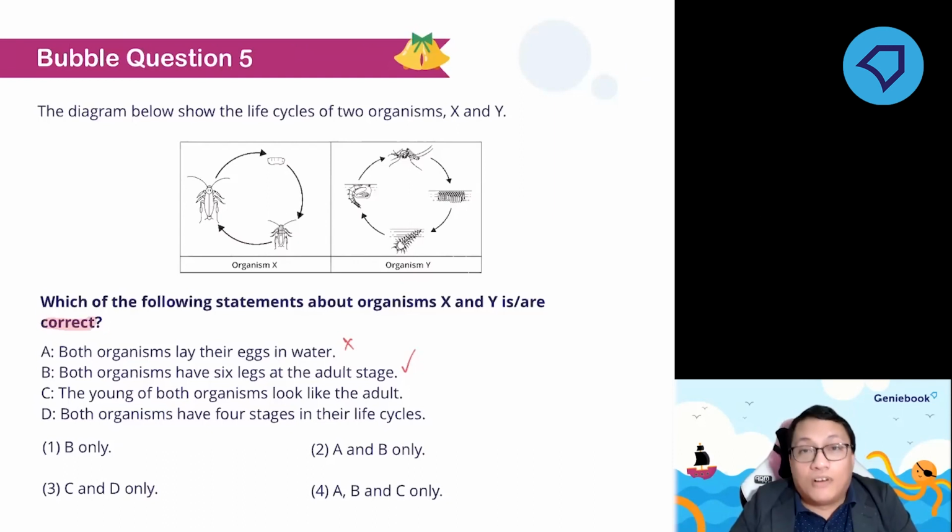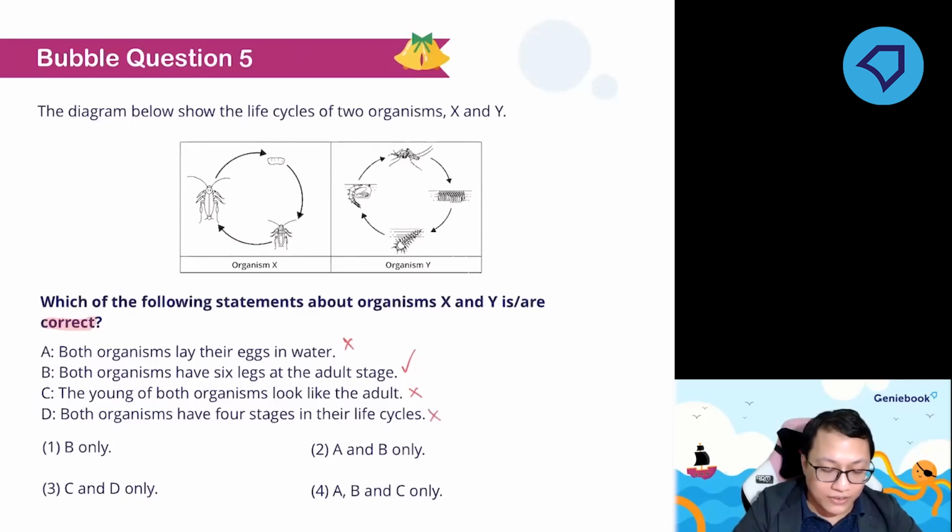Does the nymph of cockroach look like the adult? Yes. So this statement only applies to cockroach, but not the mosquito. So that's why this one is incorrect. Both organisms have 4 stages in their life cycle. Obviously, no. Why? Because you can see that for the cockroach, there are only 3 stages in its life cycle.